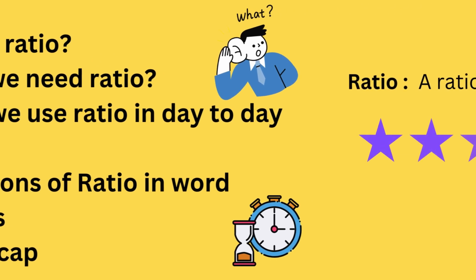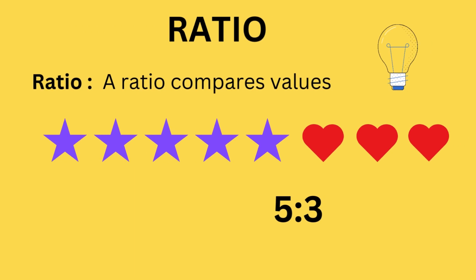to ratios. Before I tell you what is ratio, kids, can you please count with me the number of stars and hearts which are visible on the screen? 1, 2, 3, 4, 5. There are 5 stars and 3 hearts.